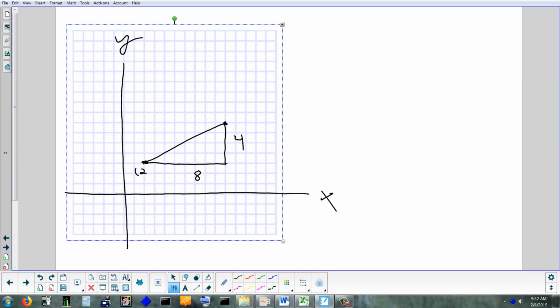This coordinate is 2, 3. This coordinate is 10, 3. So if all you had was 2, 3 and 10, 3, and you didn't have a visual, how could you find the length of that bottom side?